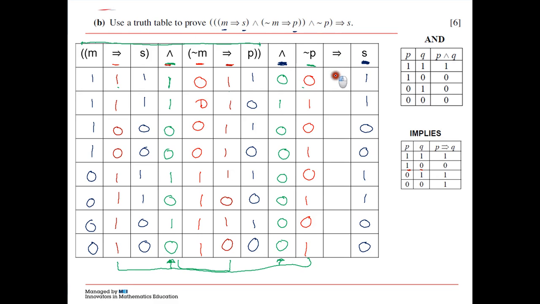So 0, 1 is 1, 1, 1 is 1, 2 zeros are 1, and all of these start with a 0, so they're all going to be 1. And because they are all 1, we have shown that the statement is true in all cases. So that's completed that question.